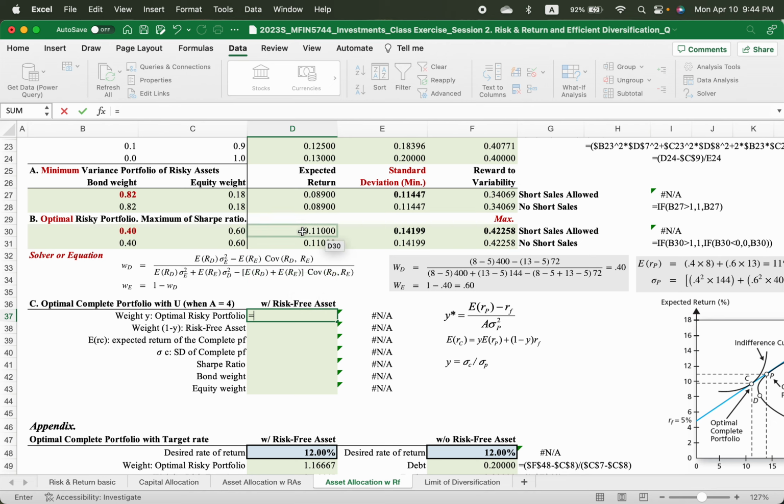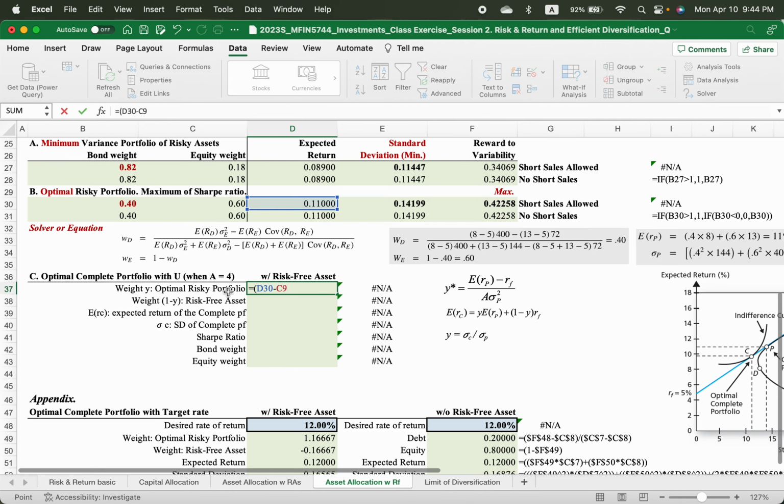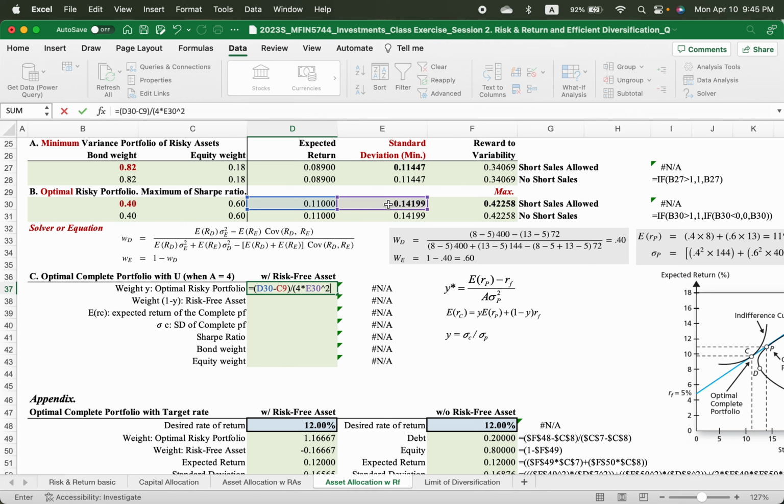Right, the expected rate of return, open the parenthesis, the 11% minus, where is the risk-free asset? 5%, divided by, what is the risk aversion score? Right, risk aversion score is 4, times, where is the standard deviation of portfolio? Right, there you go, to the power of 2. So which is the variance then now.